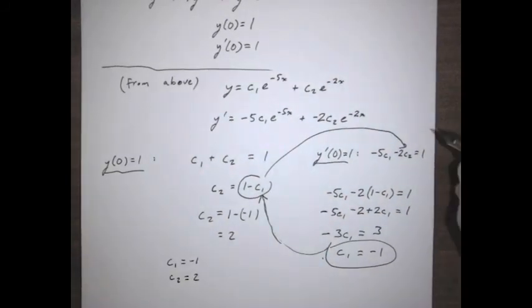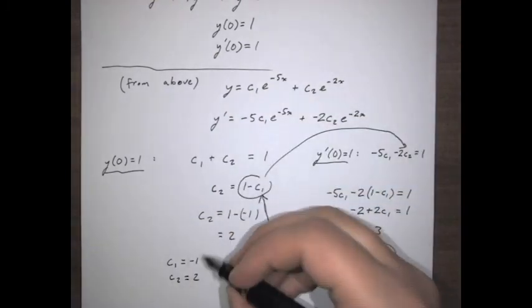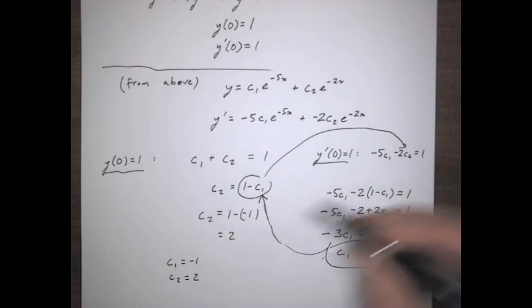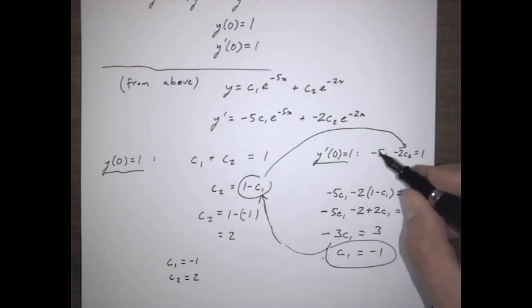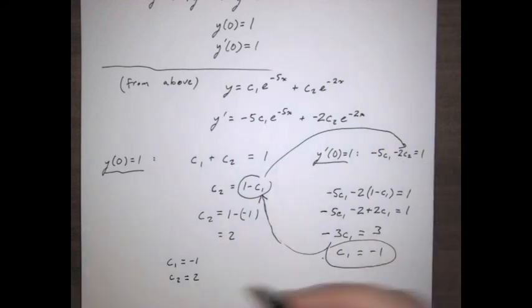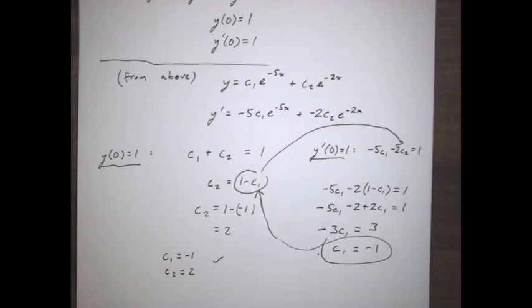And a quick check on that, will that satisfy the equation? Negative 1 plus 2 equals 1, yep. Negative 1 times negative 5 is positive 5. Minus 4 equals 1, yep, check. So it checks out.